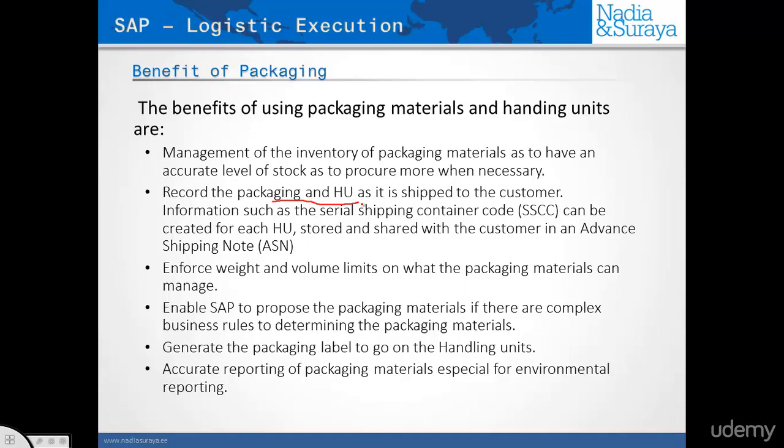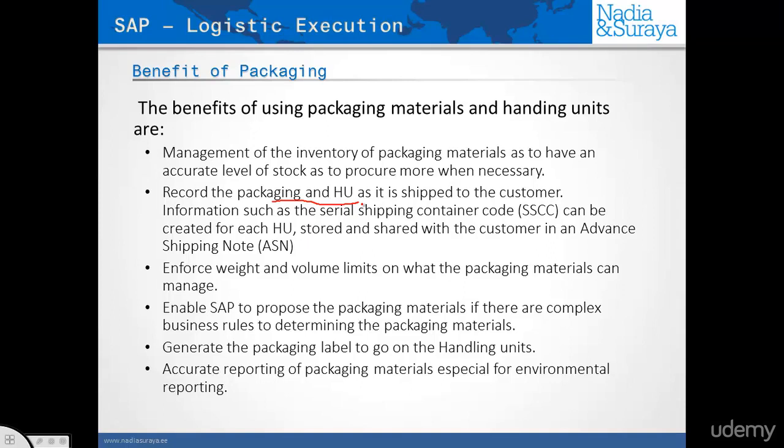If you're using EDI, electronic data interchange, when you transfer all the information to the customer, you can then quote the SSCC number, and the person receiving the material will know, oh, I'm expected to receive 3 handling units. They have this SSCC code, and when you do a goods receipt on the other side, it will say you might have 10 materials, but you are expected to only receive 3 boxes.